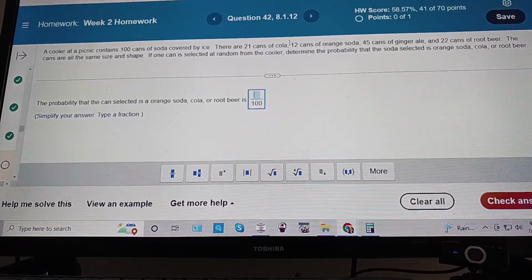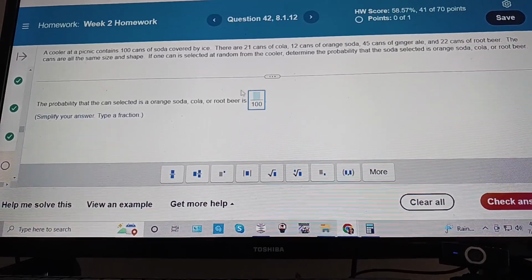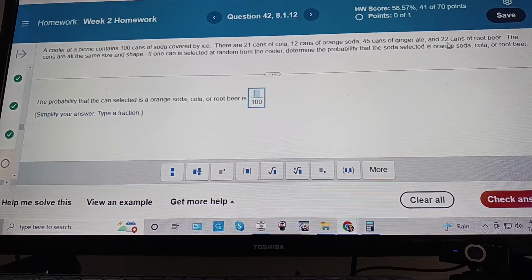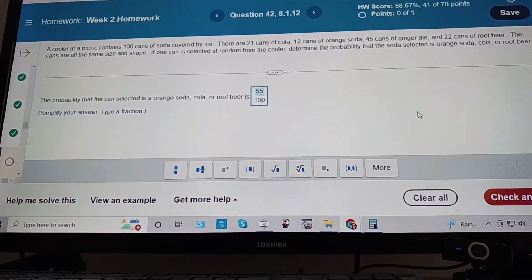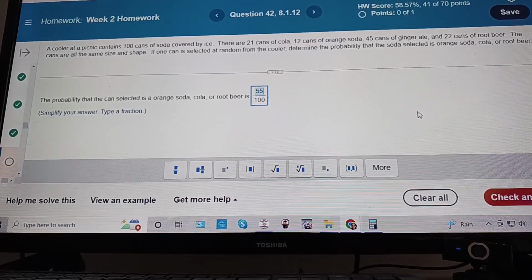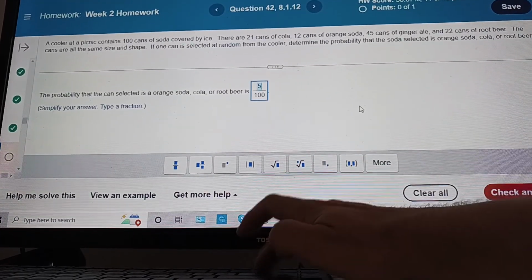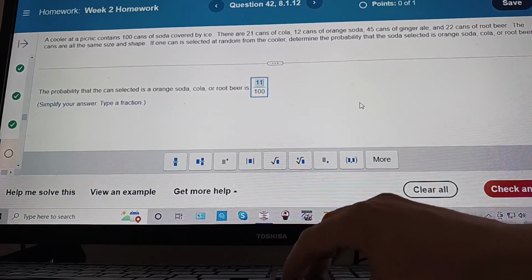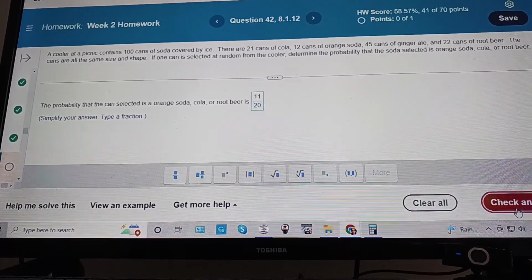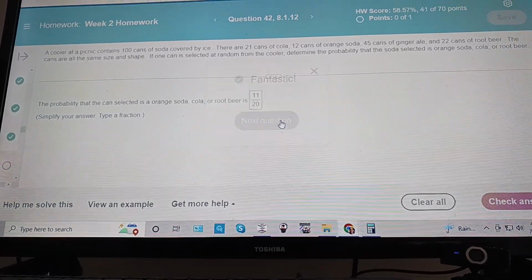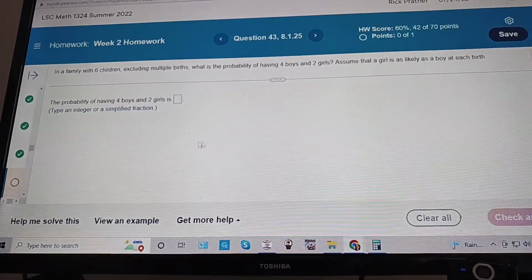There's 12 of the orange soda. That's 33. And root beer is 22. 33 plus 22 is 55. But both of these divide by 5. 55 divided by 5 is 11. 100 divided by 5 is 20. Good over total is all you're really looking for here.